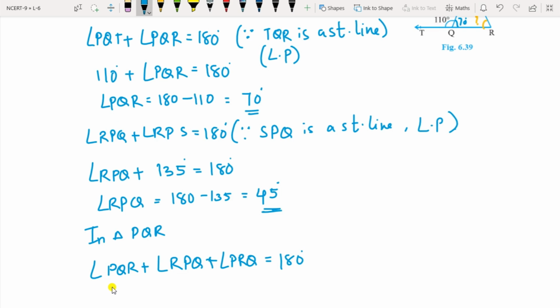So PQR, that is 70 here, RPQ it is 45, PRQ we need to find, equal to 180.